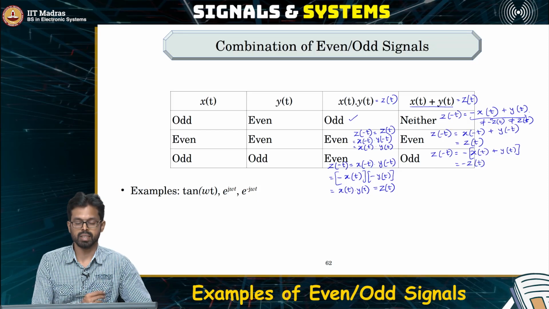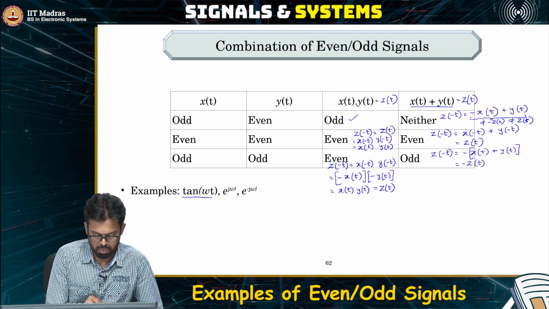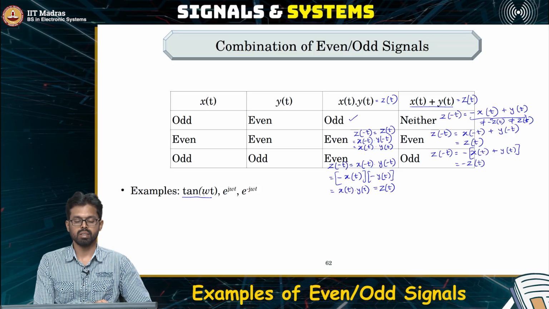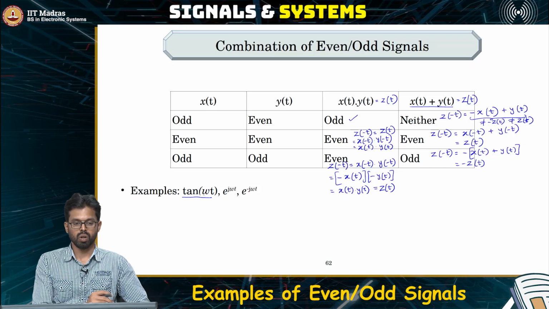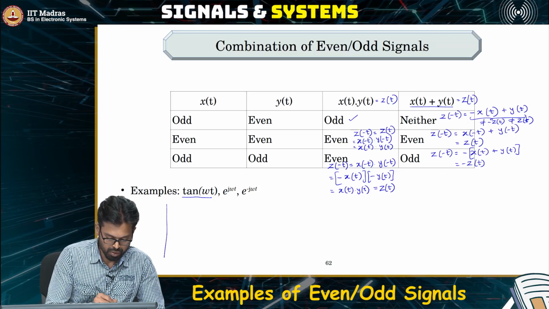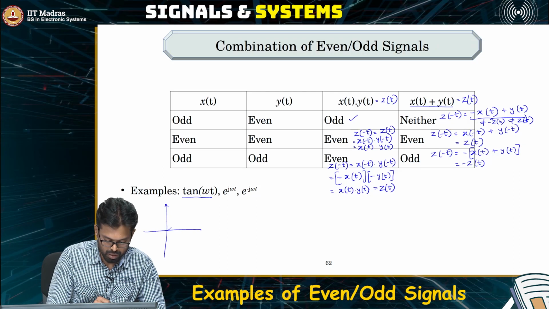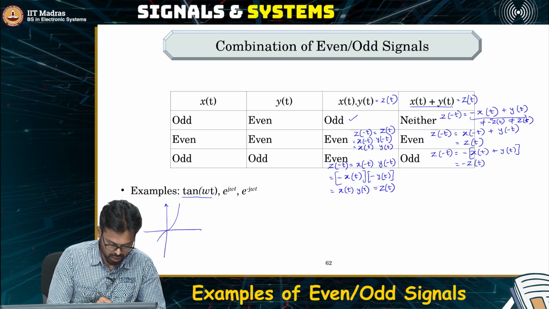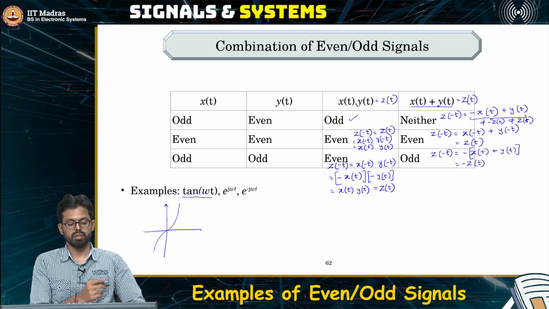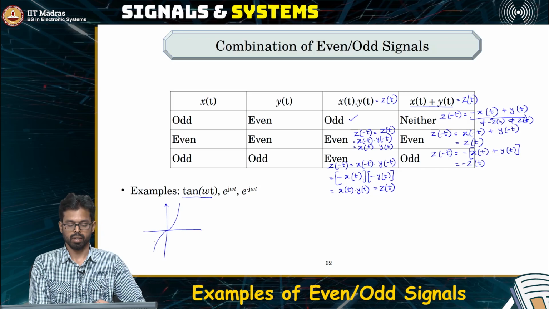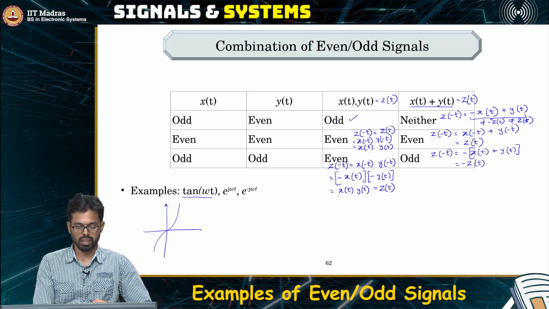Okay, this once again helps us in our analysis later. So let's take some examples and see what happens. So tan omega t. Is this function odd or even? Because we know what tan is, if we plot the graph, we of course know that this goes to infinity, something like this. This function we know by plotting that it is going to be an odd signal, right?